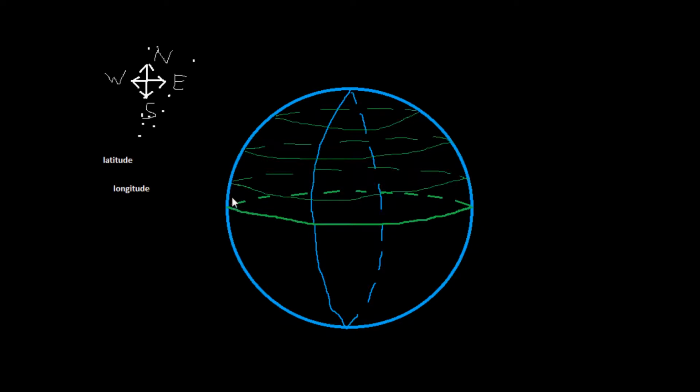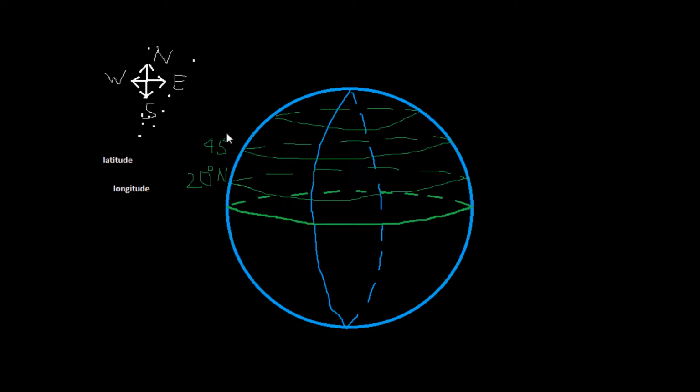The more we move north, if we are on this line, we can say, for example, we are about at 20 degrees north. When we are here, we're probably about 45 degrees north.